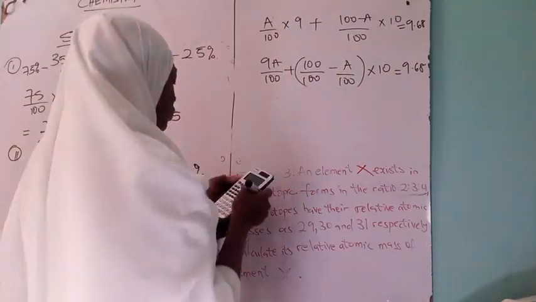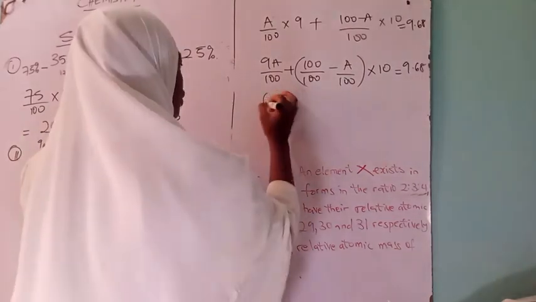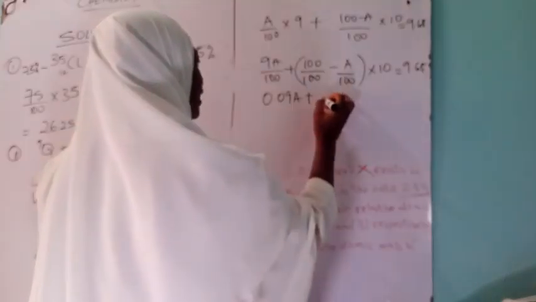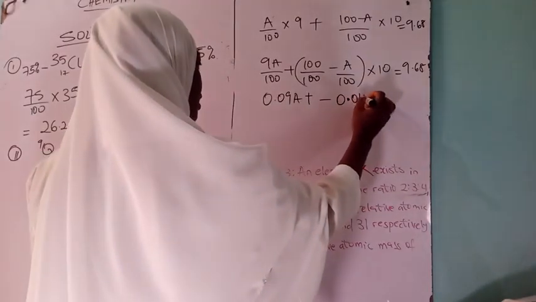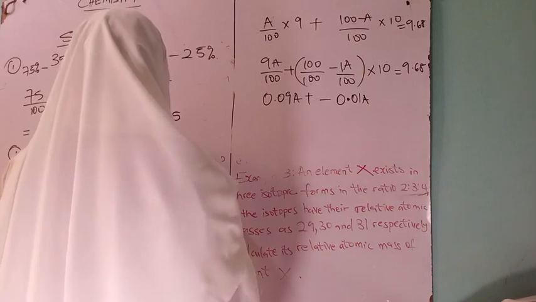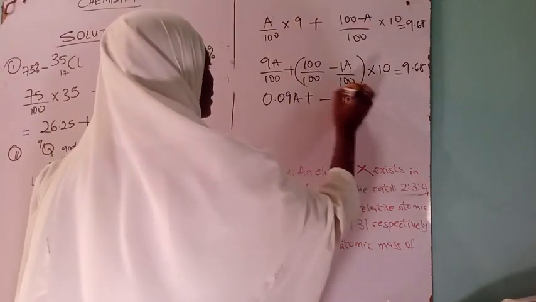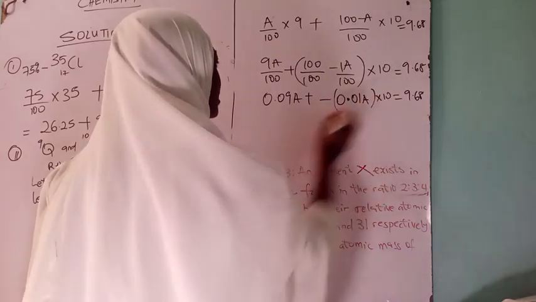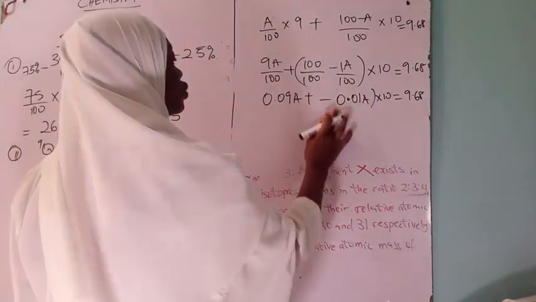We then have 9 divided by 100 gives us 0.09A, plus 100 divided by 100 is 1, minus 1 divided by 100, which is 0.01A, times 10 equals 9.68.